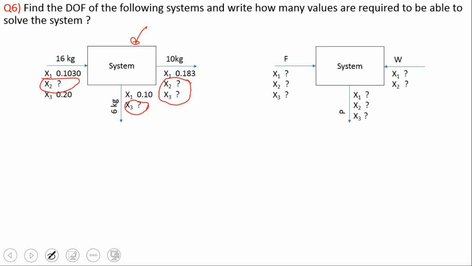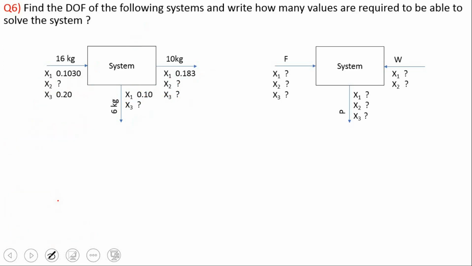As we said, the sum of x equals 1. So if we know x1 and x2, x3 is known. For this one, x3 is also known. Here we don't know x1, and here we don't know x2 and x3. If we know one of them, the other will be known.